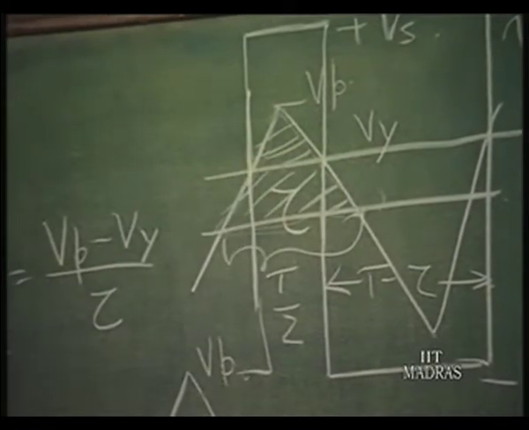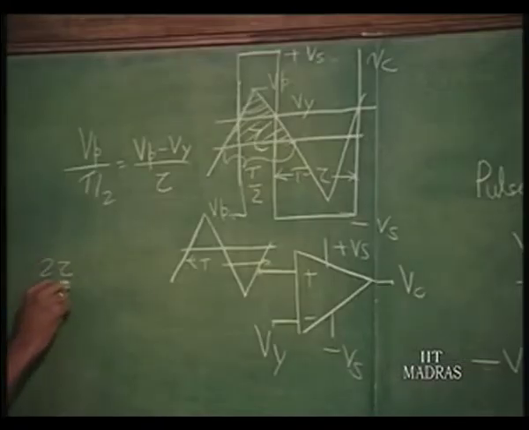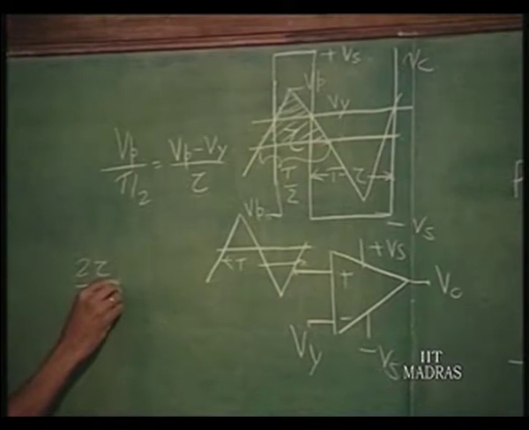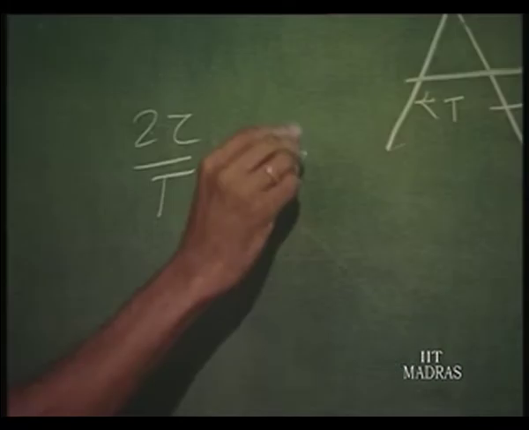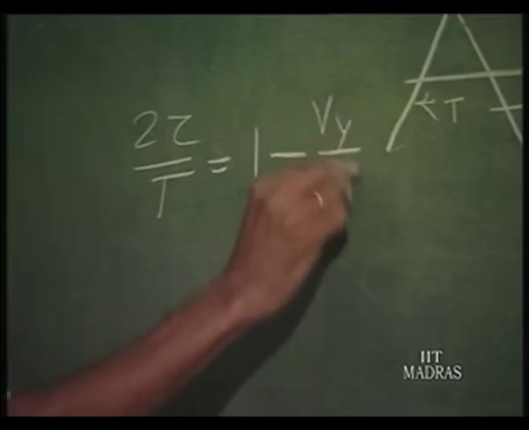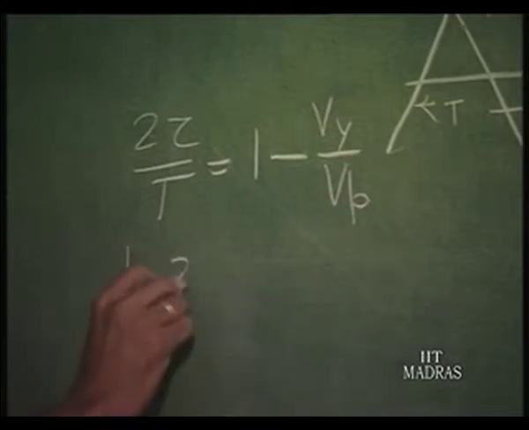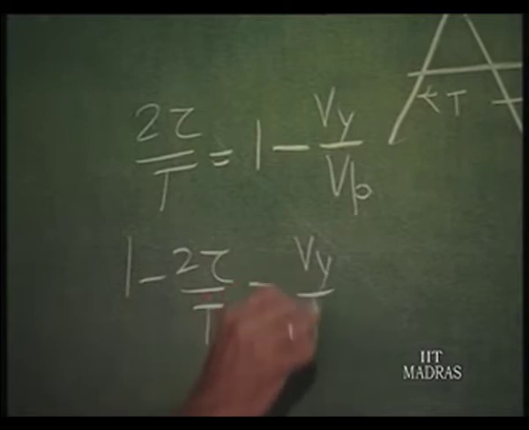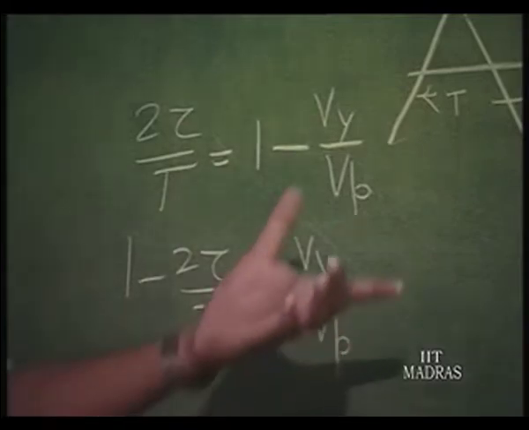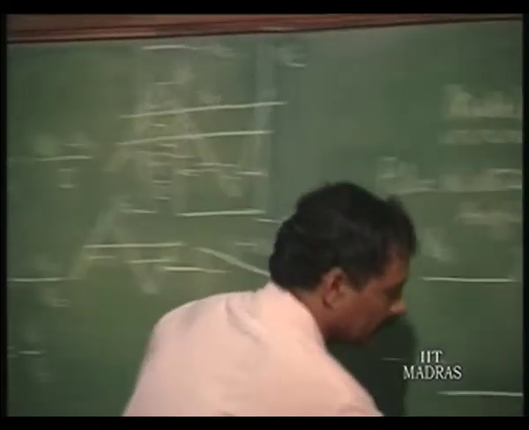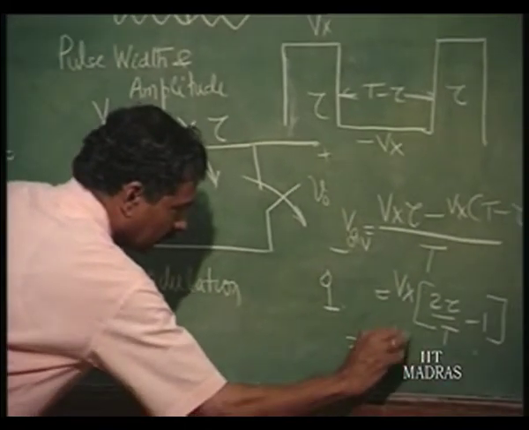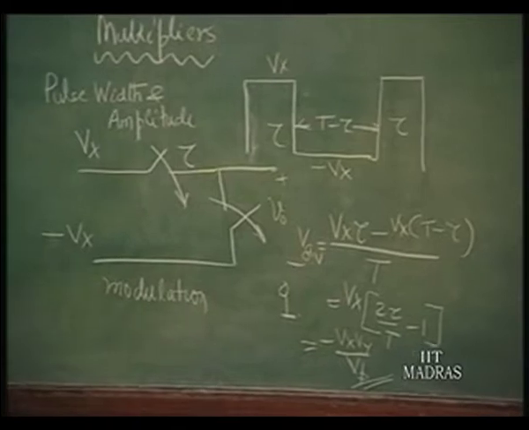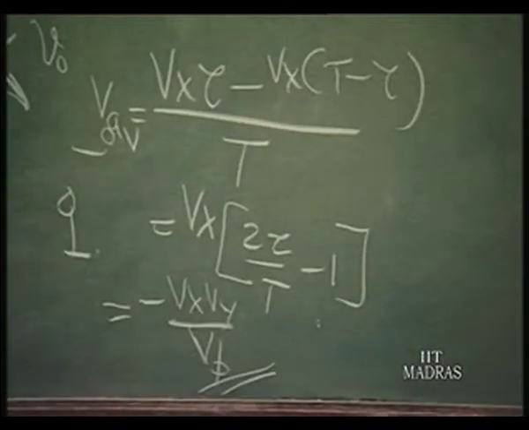So, if you use this, you will get 2 tau by T equals 1 minus Vy by Vp, or 1 minus 2 tau by T is equal to Vy by Vp. So, you can substitute this there and you get this as minus VxVy by Vp, which is exact multiplication of two voltages.